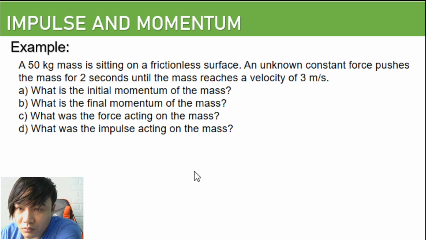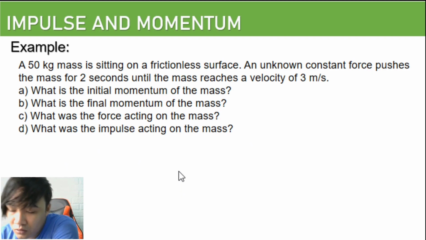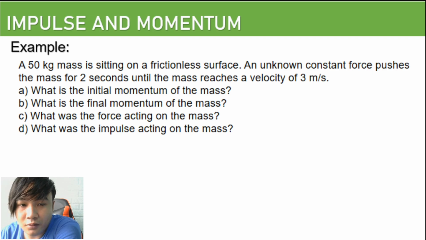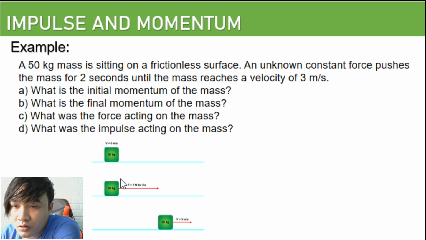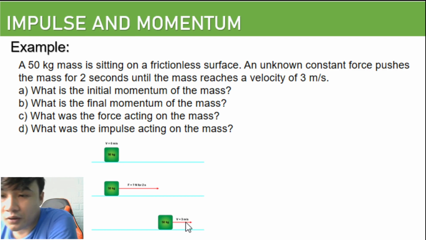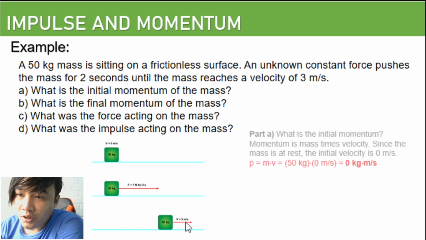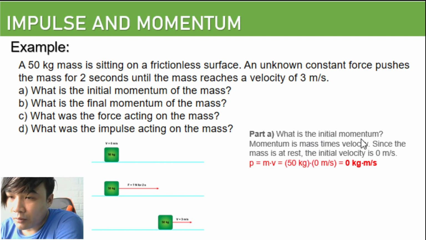So first thing to do, drawing muna natin yung problem para mas ma-imagine natin kung ano yung itsura niya. Meron tayo dito 50 kg mass, then initial velocity 0, then hinila siya ng unknown force for 2 seconds, then nag-move na siya, then meron siyang final velocity na 3 meter per second. Letter A, what is the initial momentum?